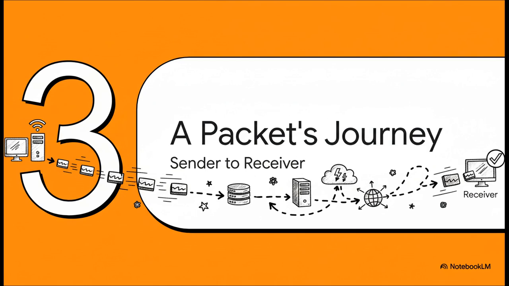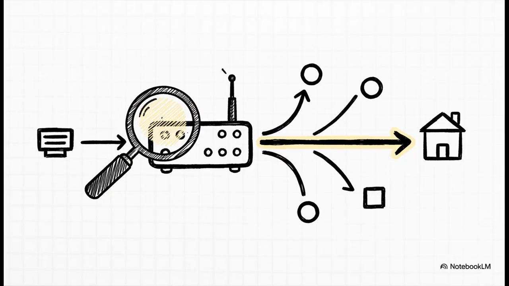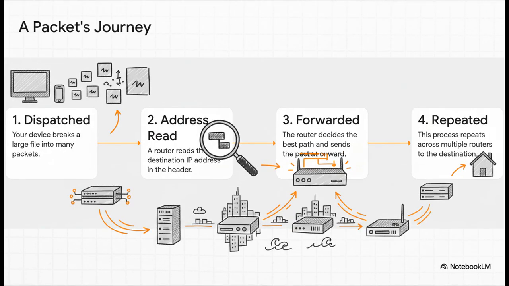So we know what packets are and why they're so important. Now let's follow one of these little guys on its grand journey across the internet. The main characters in this story are the routers. You can think of them as the super fast, super smart post offices of the internet. Their entire job is to look at the address on a packet's header and send it along to the next stop. Here's how it plays out. First, your device breaks your file into all those little packets.